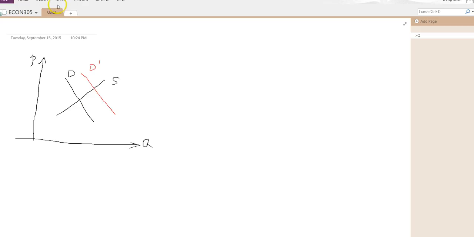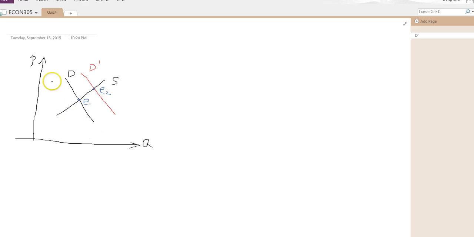Look at the original equilibrium point and the new equilibrium point. So this is E1 and this is E2. Compared with E1, E2, the new equilibrium, has both a higher price and a higher quantity. So that's as expected.